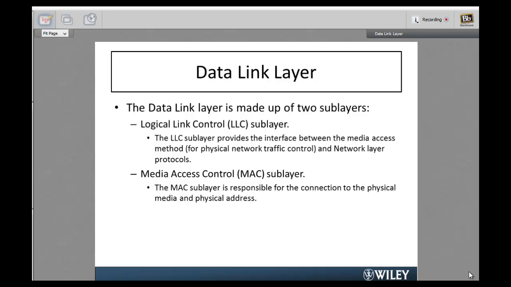The first one, which we call LLC, provides the interface between the media access method and the network layer protocol. Another sublayer is called MAC, which is responsible for the connection to the physical media and physical address. The MAC is responsible for giving you the MAC address.